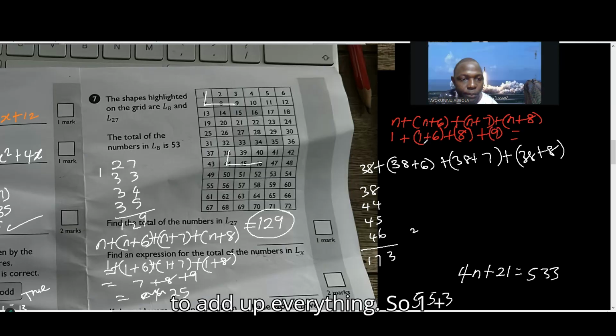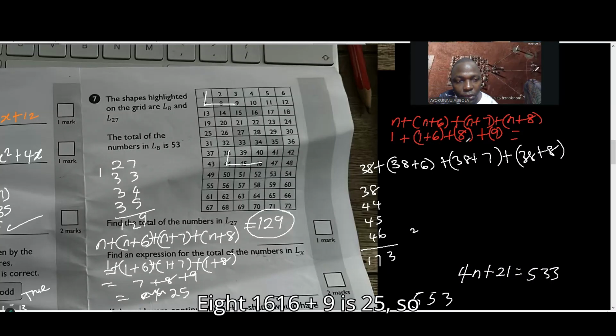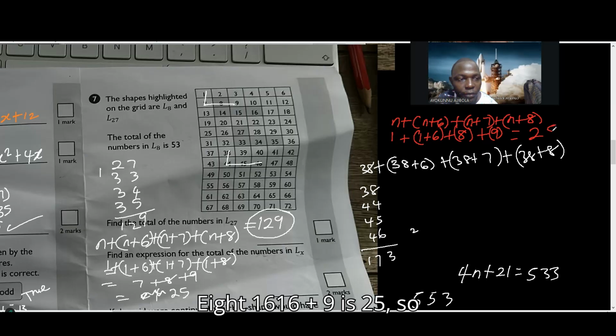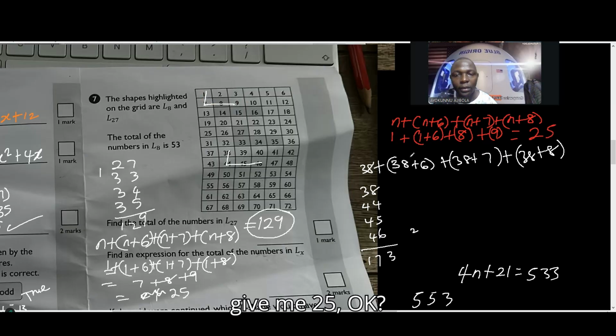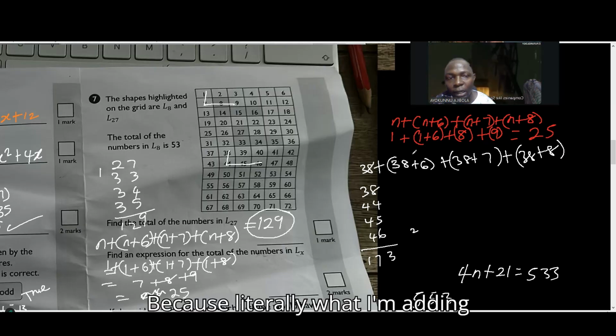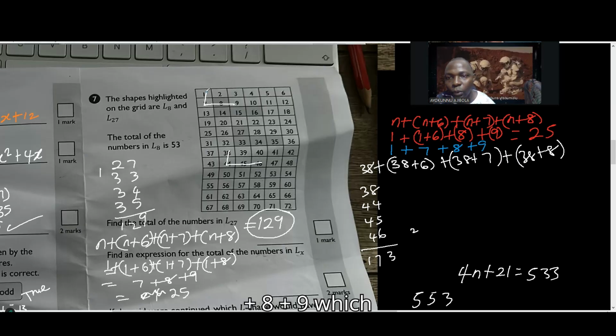So I'm going to add up everything. 1 plus 7 is 8, 8 plus 8 is 16, 16 plus 9 is 25. So if I had this, it's going to give me 25, because literally what I'm adding is 1 plus 7 plus 8 plus 9.